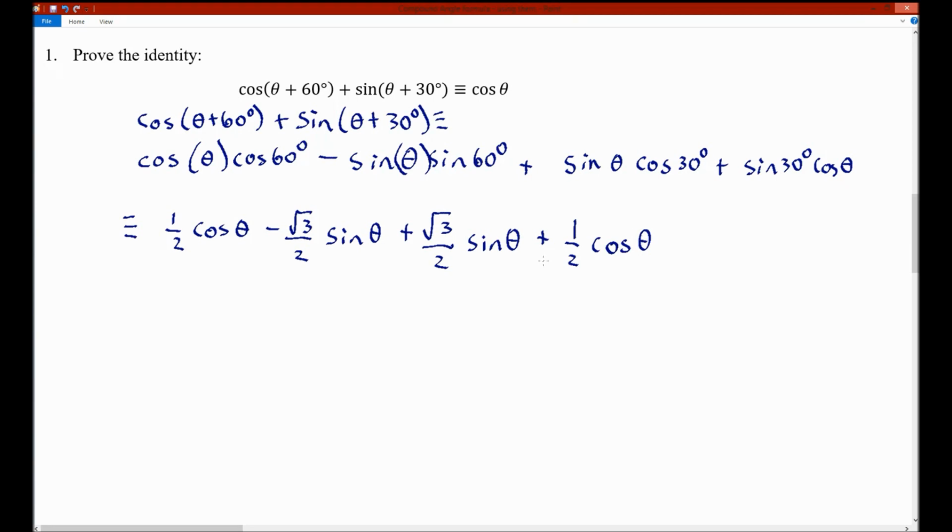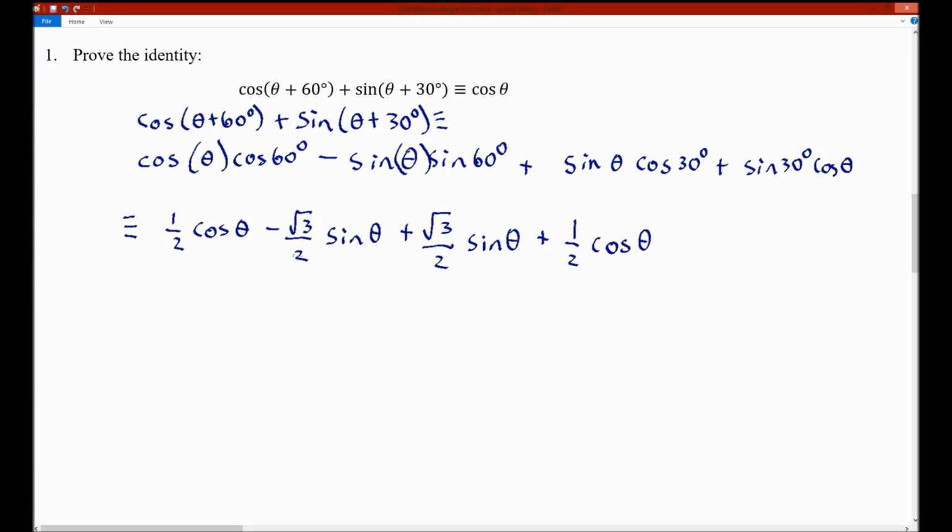Now, that has done exactly what we wanted when we used the compound angle formula, because it's taken all these trig functions we had up here, which had lots of different things inside them, and made it so we only have thetas inside all our trig functions, which is great, because it now means what we've got here can be simplified into something really nice.